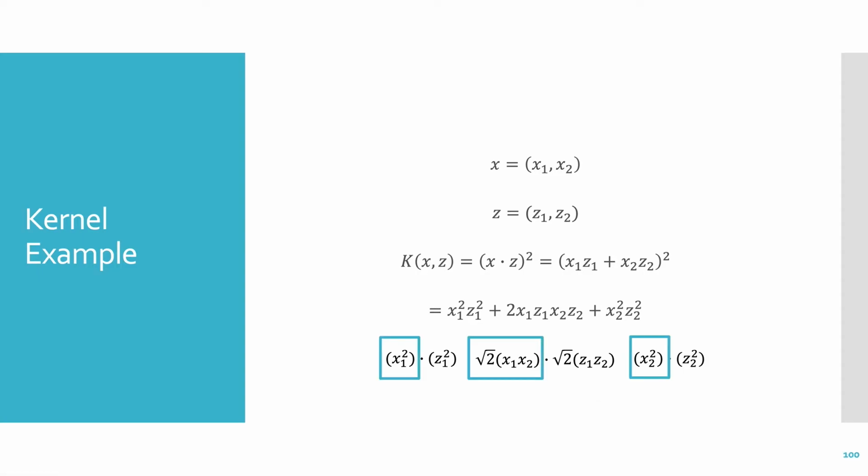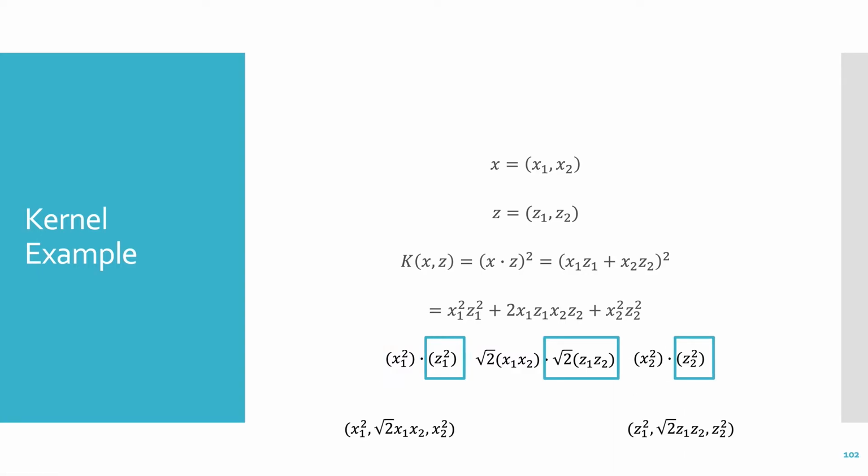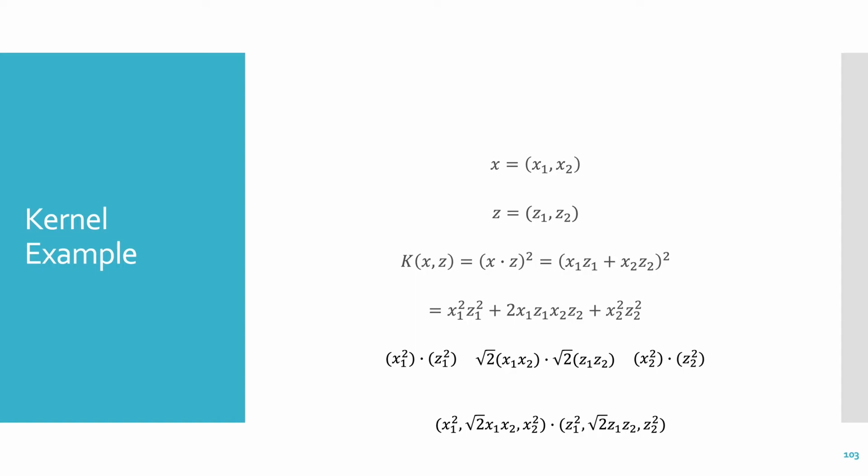We can actually put these together, taking the x only terms and making a vector, and then taking the z only terms and making a vector. And if we take the dot product between those two, we will get this. And they're the exact same function of these different variables. So I could take any variable, w, and square its first element, take the square root of 2 times its first element times its second element, and then take the second element squared.